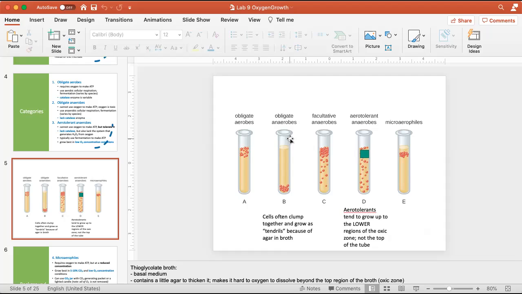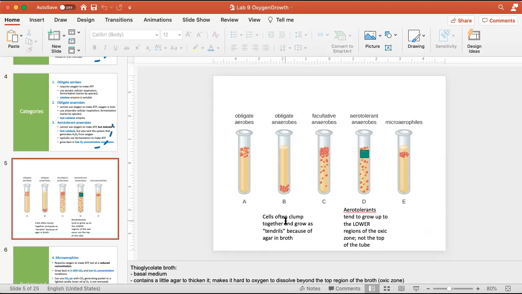So if there's an indicator dye in the tube, even before you inoculate it, the media is going to turn pink in the oxic zone, and it will stay this regular beige color in the anoxic zone. Some people like that because they can clearly see where the oxic zone and the anoxic zone are.